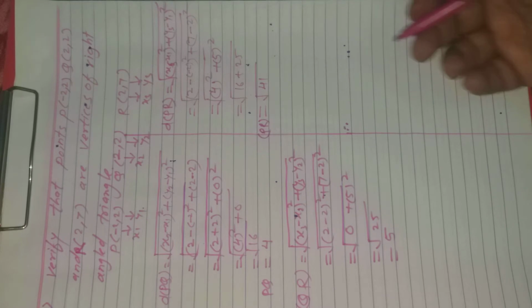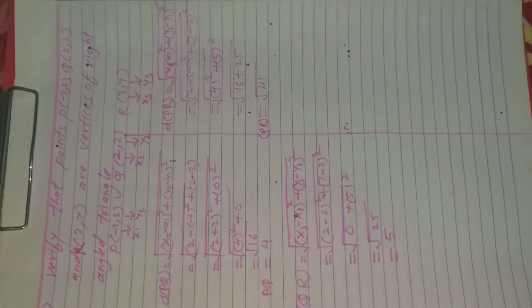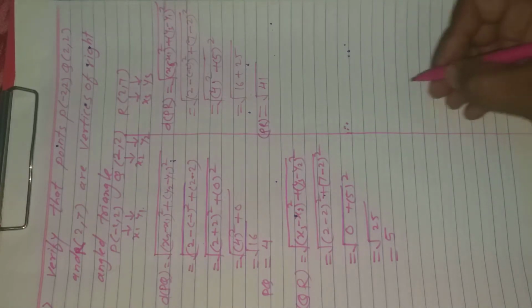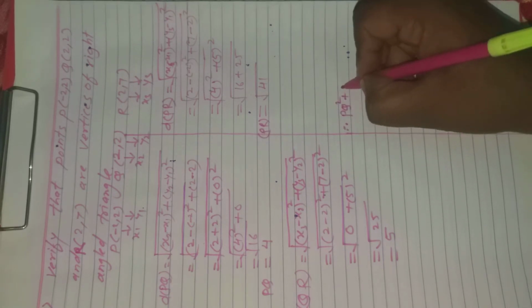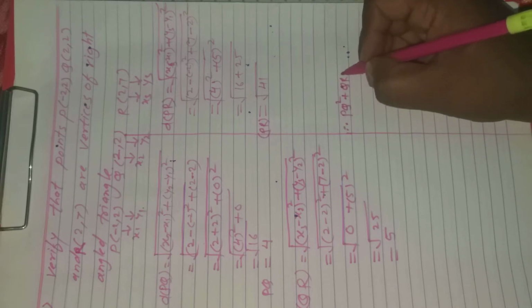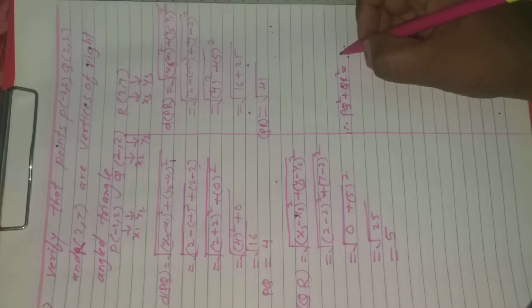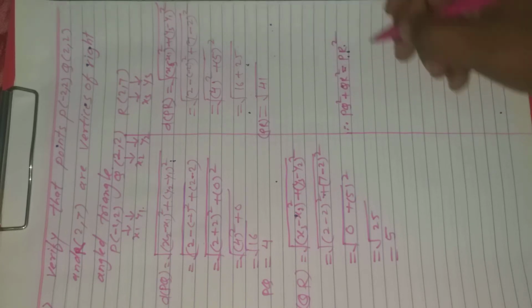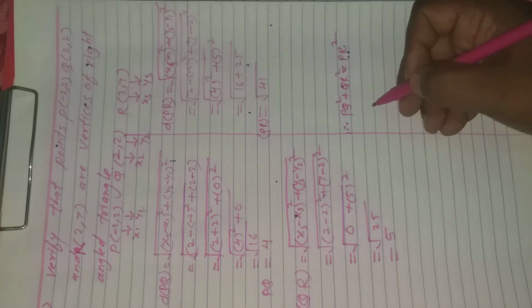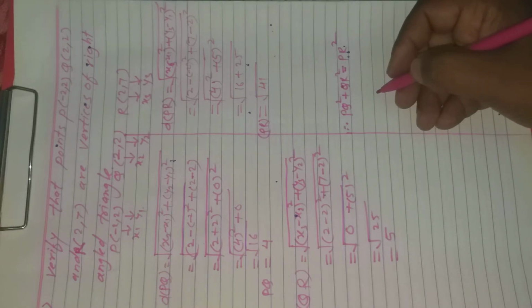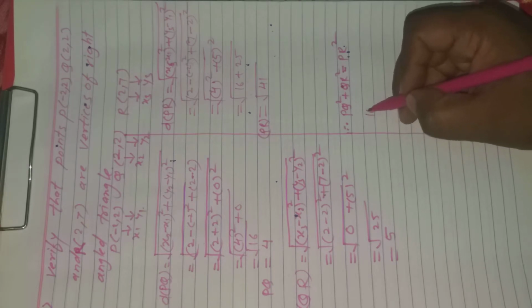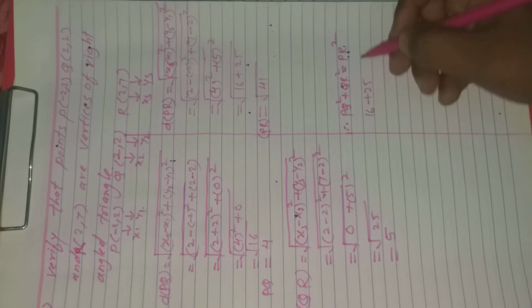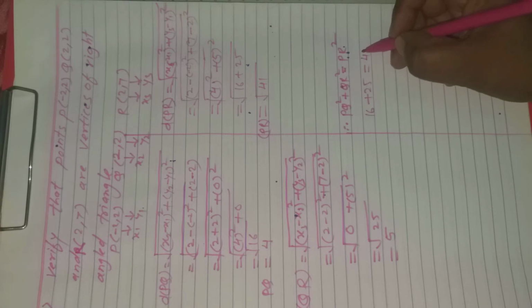By Pythagoras theorem we can say that PQ square plus QR square is equal to PR square. So we can say that the values of 16 plus 25 is equal to 41.